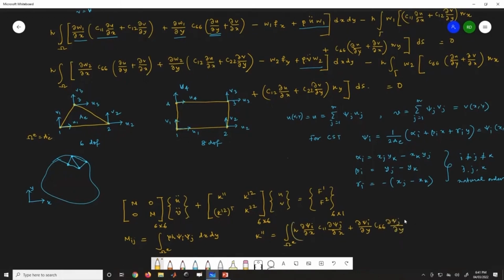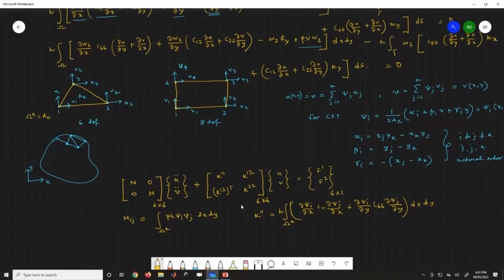So, this is my k11, and this is again dx dy. So, h is multiplied with the whole body. Generally we take h constant, but variable h is also possible. So, this is the first term k11.